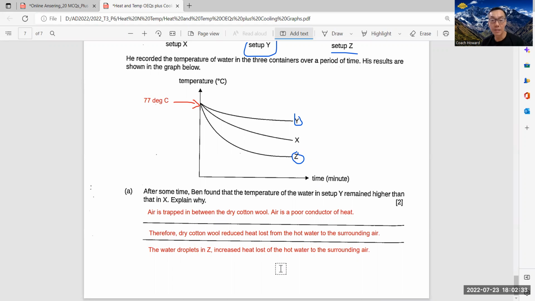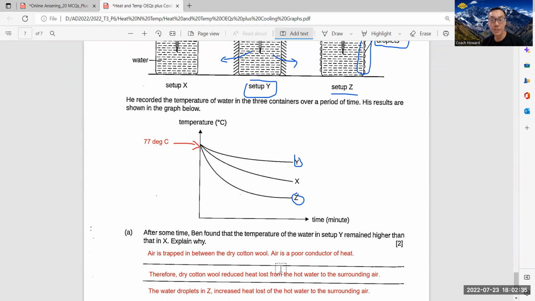So one is, in Y, reduced heat loss. One is increased heat loss. Therefore, Y has a higher temperature.